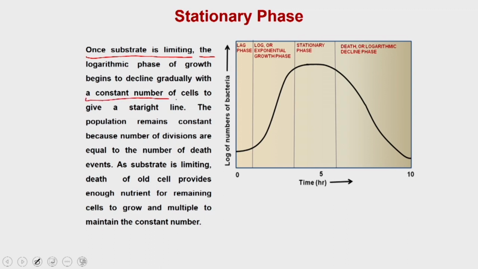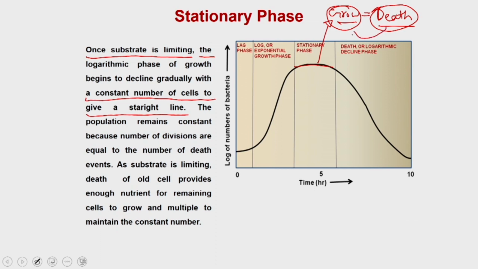Which means it is going to maintain the number of bacteria in the media. The number of bacteria which are going to reproduce equals the number of bacteria which are going to die.